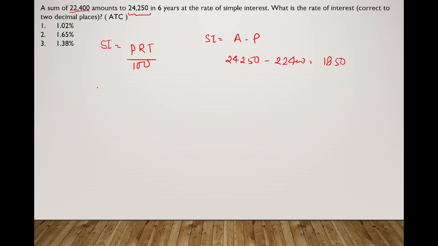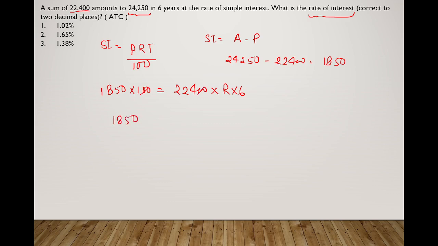So let's find out the rate of interest. 1850 into 100. How much principal? 22400. And the rate we need to find out, and how much time does it take? 6 years.